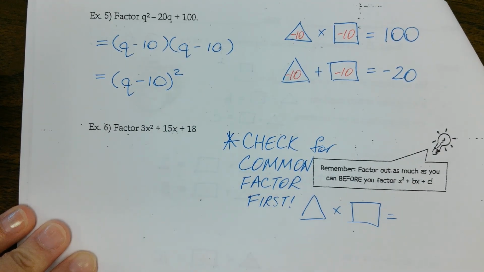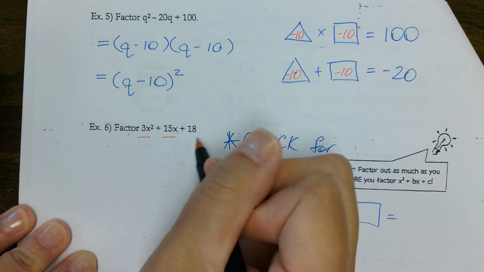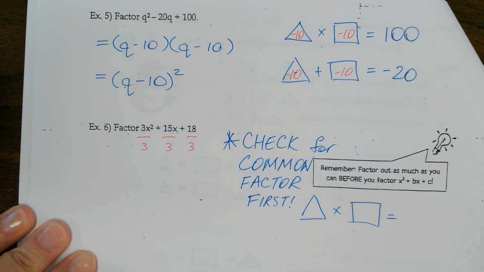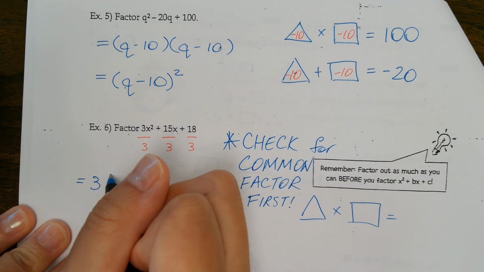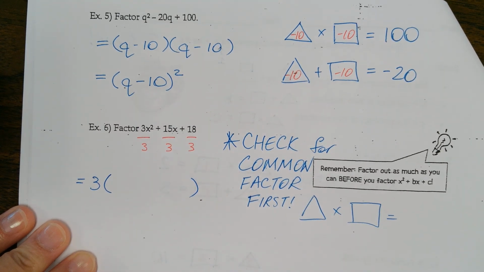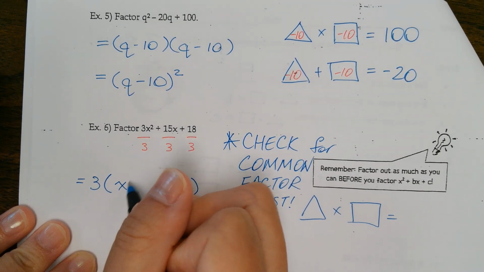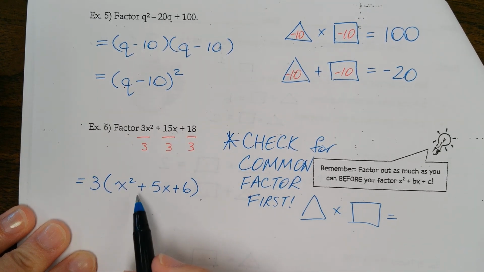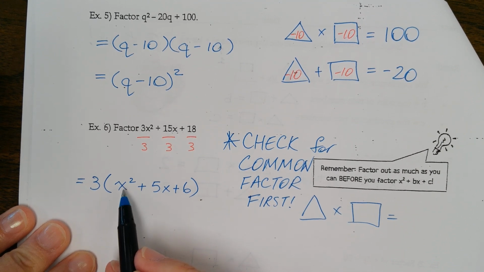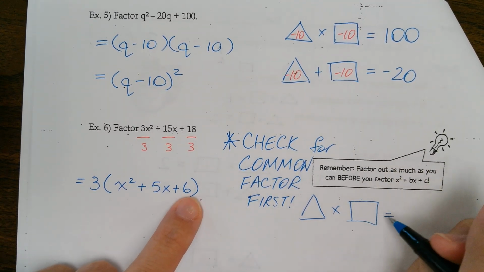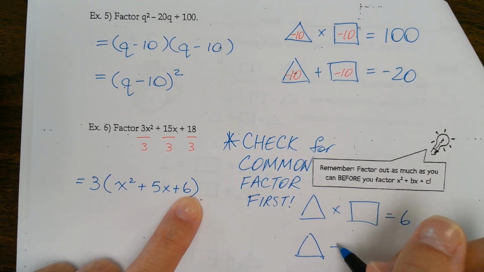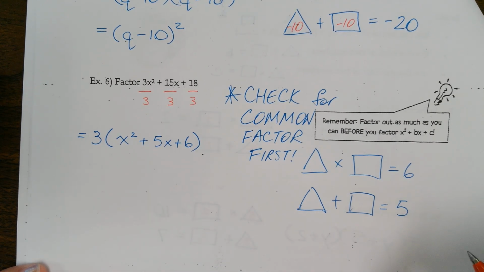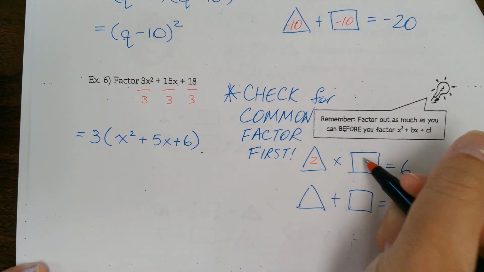Okay, so in this case, he's right. We can actually factor out a 3. I bet not everybody saw that. So if we factor out that 3, what do we have? Yep. x squared plus 5x plus 6. Good. Now can we do the triangle square method? Yeah, because it's an x squared only. So triangle times square equals 6. Triangle plus square equals 5. So what are my two numbers? 2 and 3.